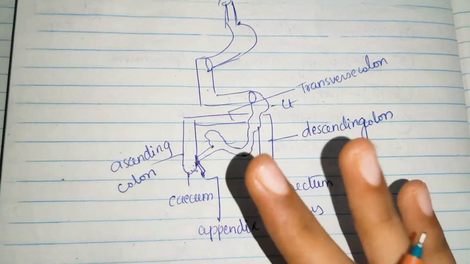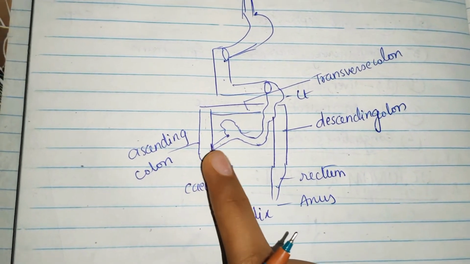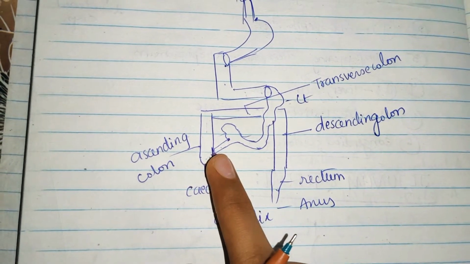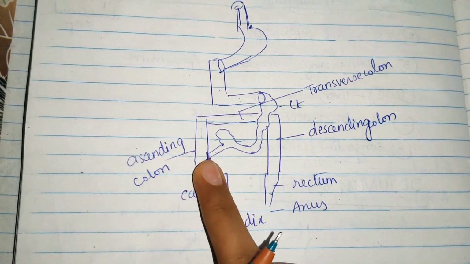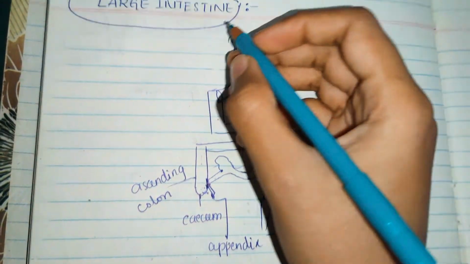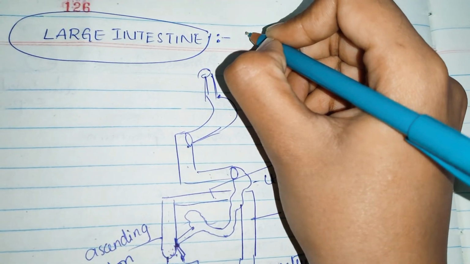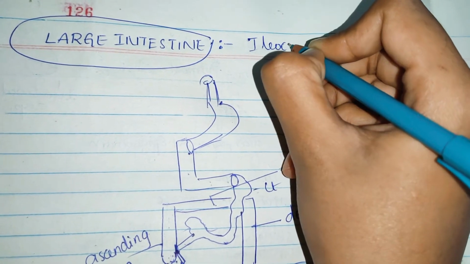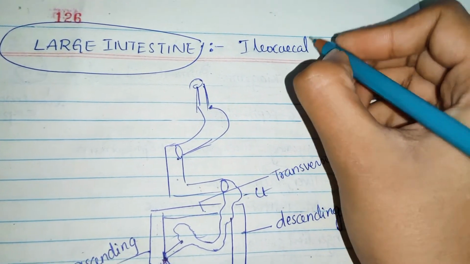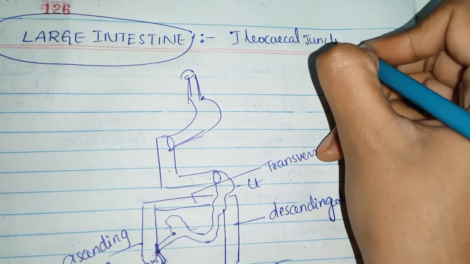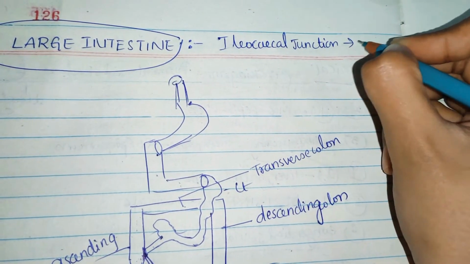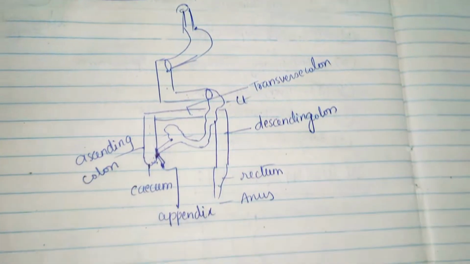The large intestine extends from the ileocecal junction to the anus. Here you have the anus.